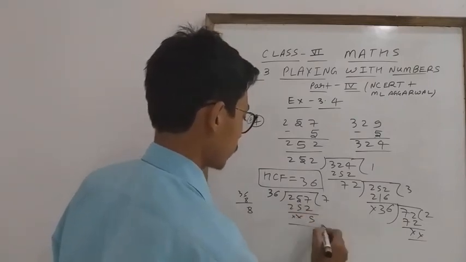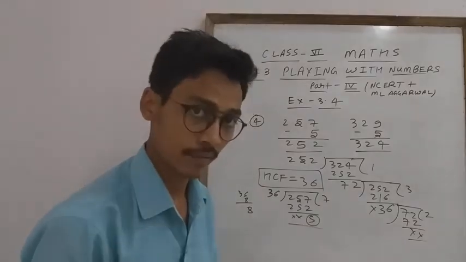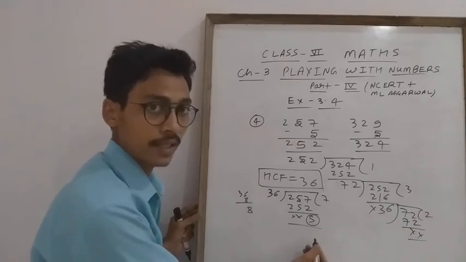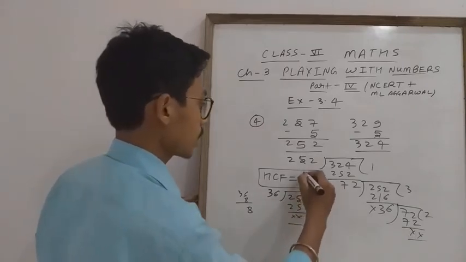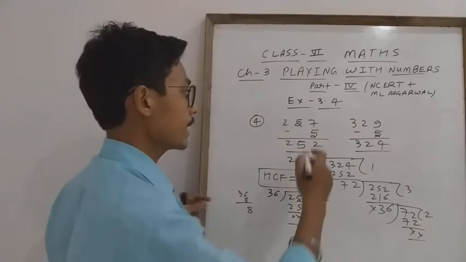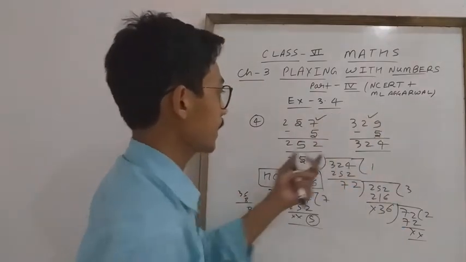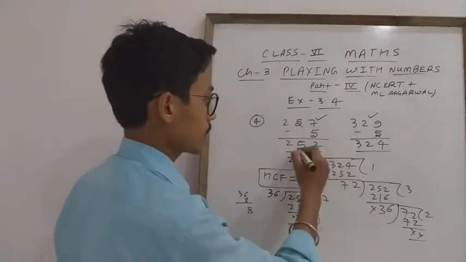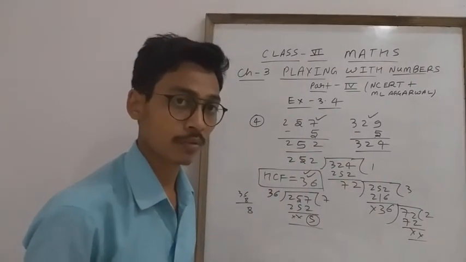So now the remainder is 5. Hence proved. It means 36 is the highest number which divides 257 and 329 and leaves remainder 5 in each case. Clear, everyone? Here there was a mistake: this was 252.